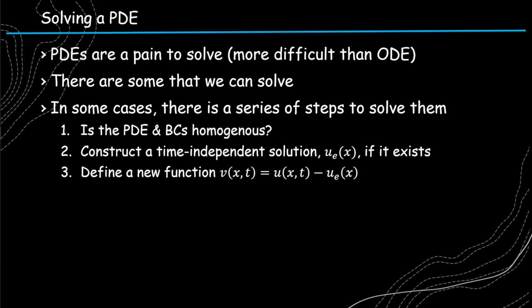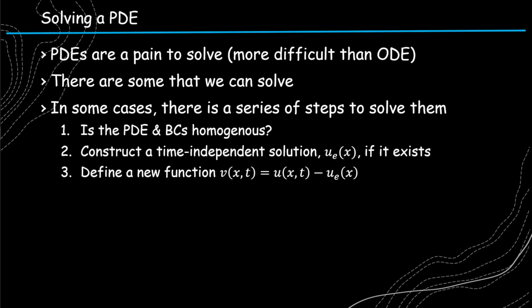The third step is to define a new function that we're going to call v of x,t, which is going to be equal to u of x,t minus u of x. The reason why this works is because the functions satisfy linearity. What that means is something that we're going to cover later on.